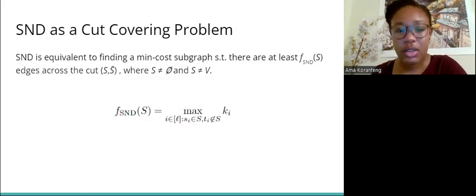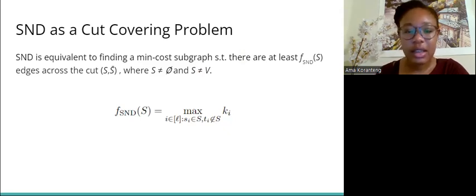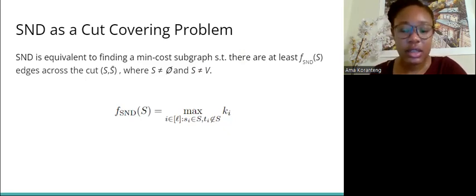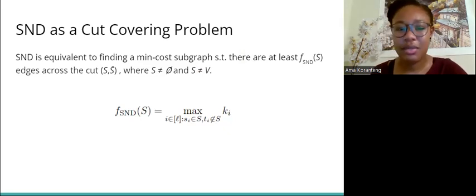Okay, so first of all, it turns out that survivable network design can actually be written as a cut covering problem. So we have this vertex cut function defined here, f_SND(S), and this cut function is defined over all vertex subsets of the graph except for the empty set and for the entire set of vertices.